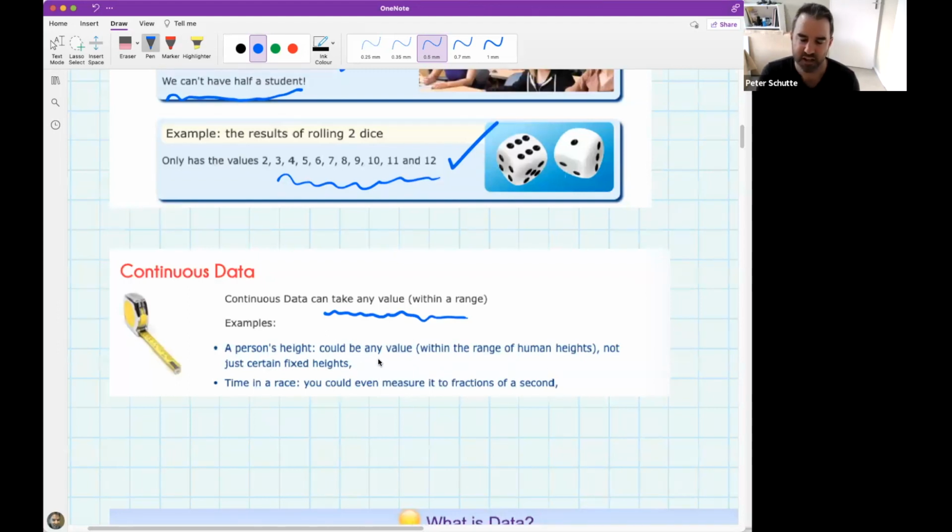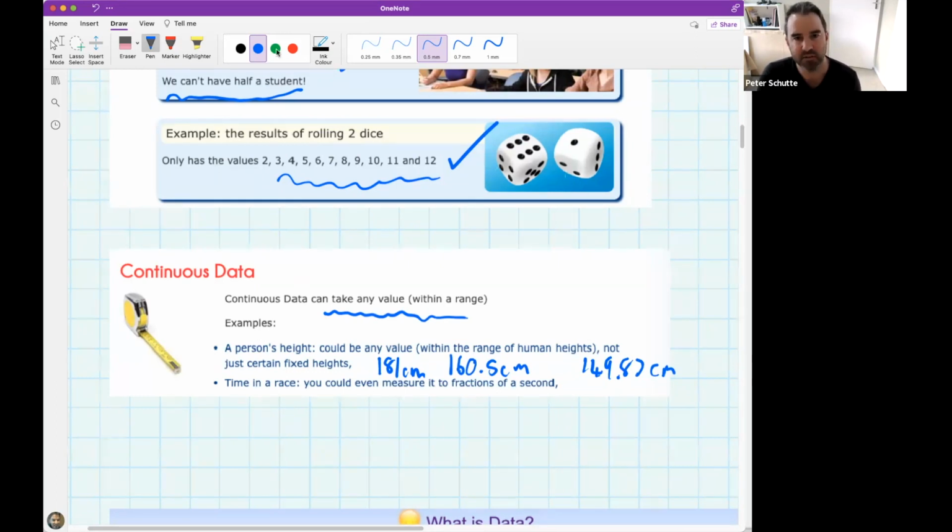I'm 181, but you can also have someone who's 160.5 centimeters, or someone who is 149.87 centimeters. So this type of data can be stored with fractional parts. Another well-known one is time in a race. In the 100 meters or Formula One, we measure time with lots of fractions.